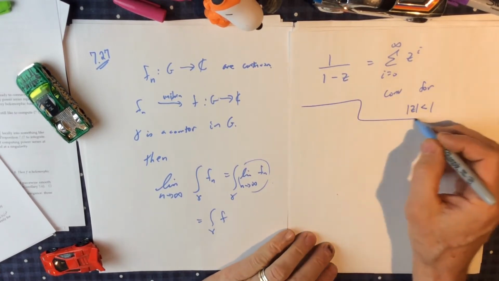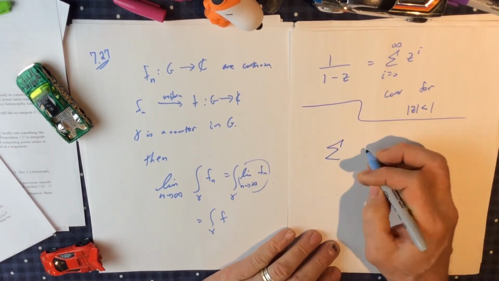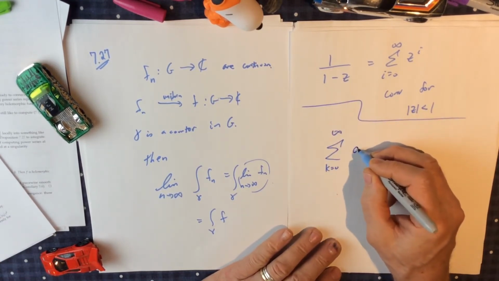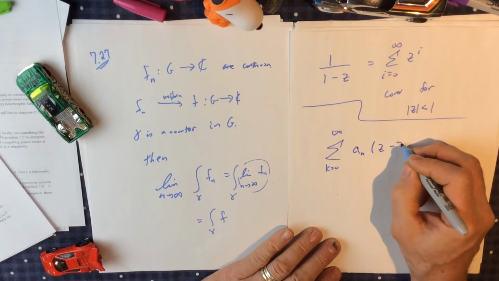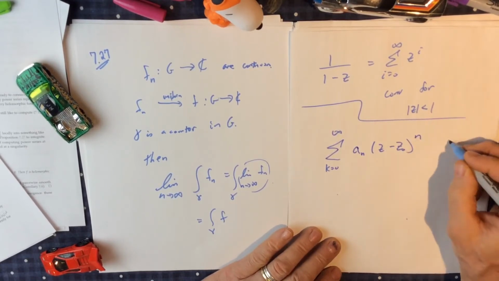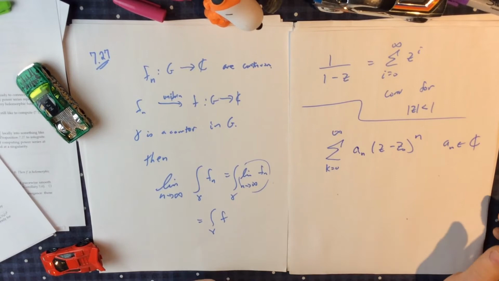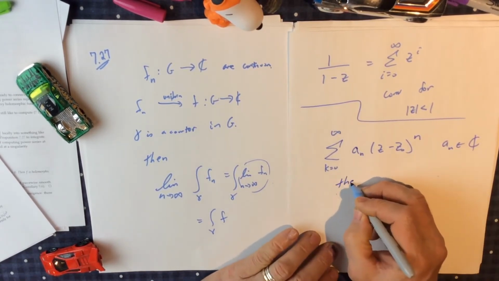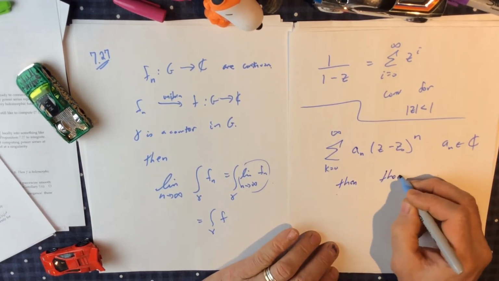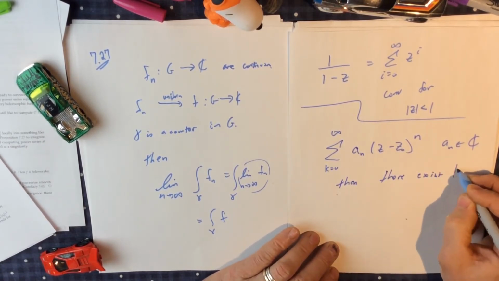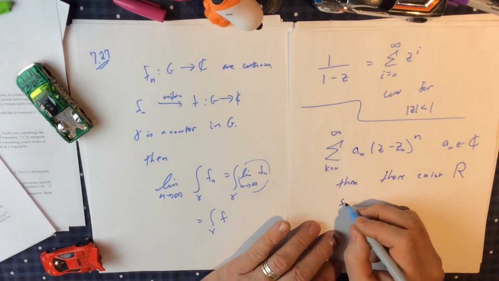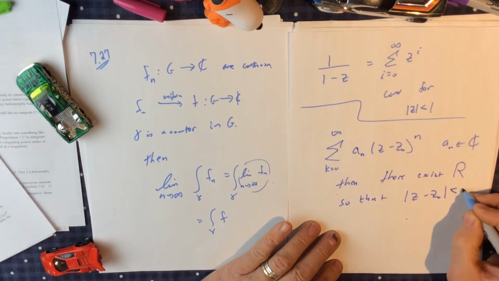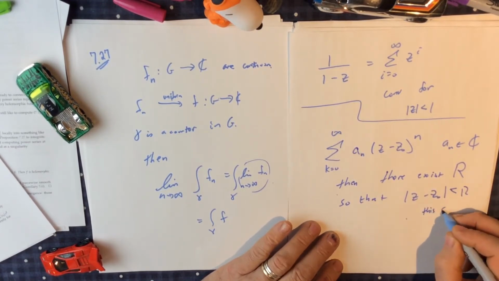So I'm going to state the first theorem about these guys, and that is, if you have a power series, so you have a complex power series, then there exists a real number R so that this converges.